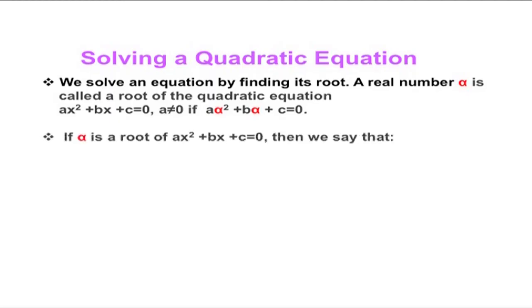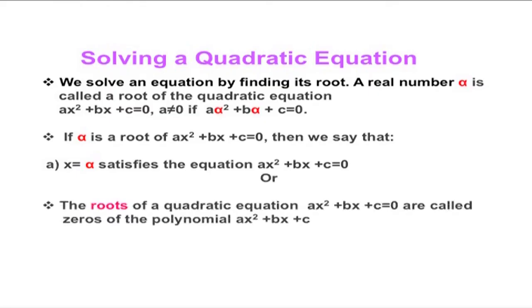If alpha is a root of ax² + bx + c = 0, then we say that x = alpha satisfies the equation. The roots of the quadratic equation are called zeros of the polynomial ax² + bx + c.